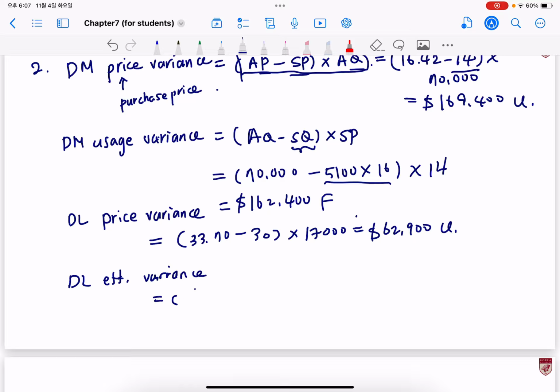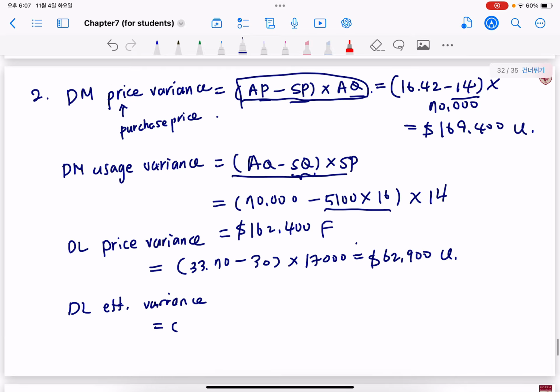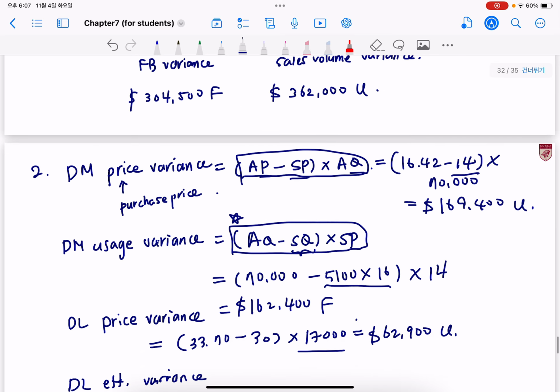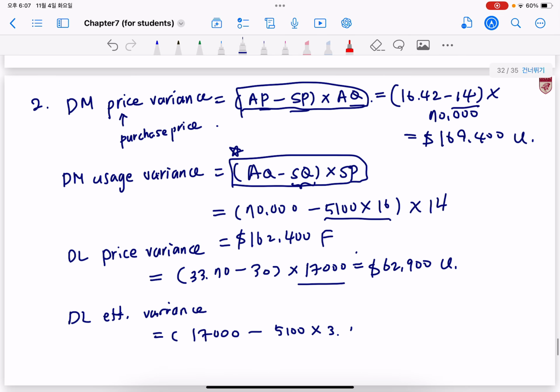Let us do the efficiency variance. So here, the formula is right here. Actual labor hour used, again, is the 17,000. And the standard labor hour used is based on the actual output Q, 5,100, times the standard labor hour, which is 3.8, times the standard price.